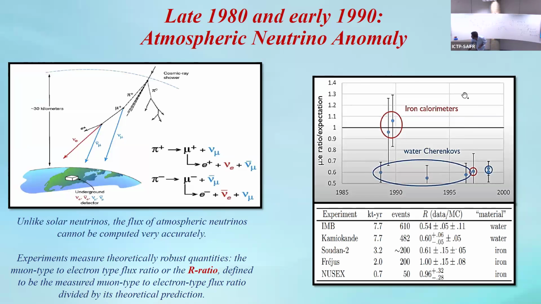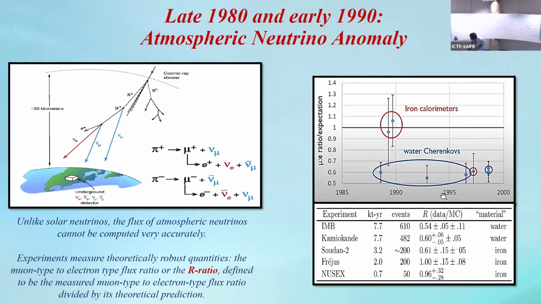Interestingly, there are 2 types of detector, water Cherenkov and iron calorimeter, and I show the timeline. All water Cherenkov detectors find this R ratio to be less than 1, and all the iron calorimeter detectors somehow get this ratio to be 1. This was quite puzzling. This is the start of the atmospheric neutrino anomaly.